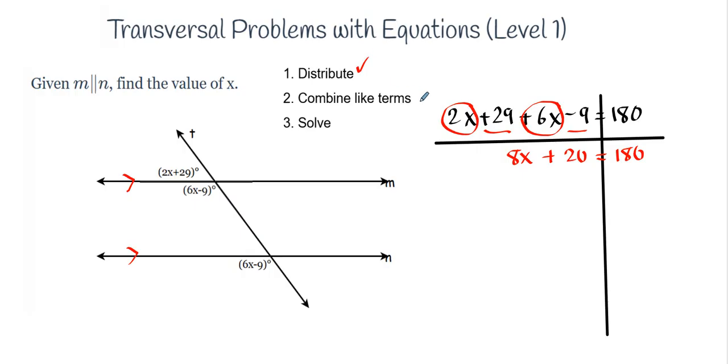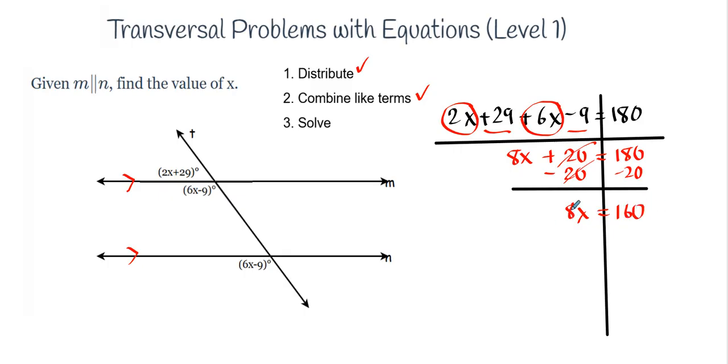Step number 2 now is we're going to begin the process of solving. I would like to isolate 8x on the left side by removing the positive 20 by subtracting 20 on both sides of the equation. The positive 20, negative 20 will cancel, and we'll have 8x is equal to 160.